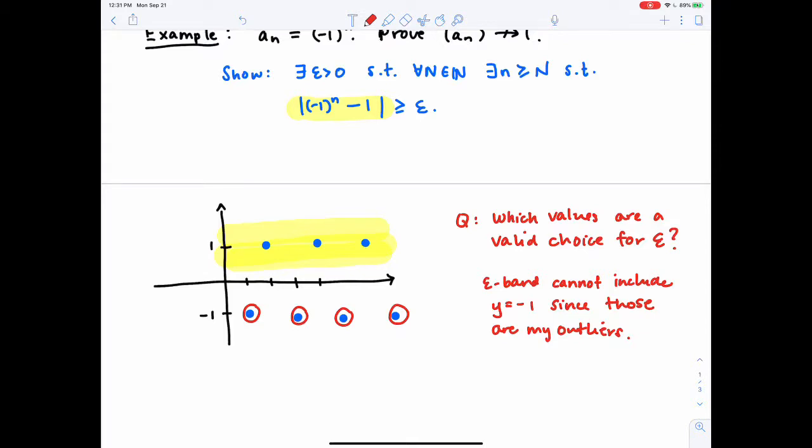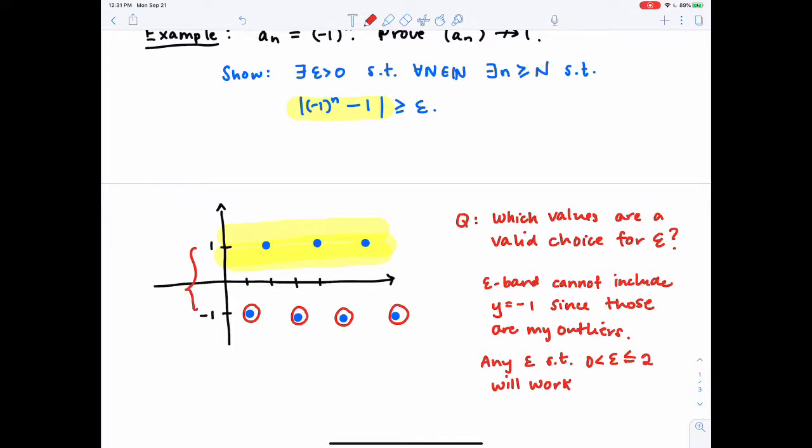So I'm allowed to use any epsilon such that 0 is less than epsilon, which is less than or equal to 2, will work. Because notice that what I've done is I've measured the distance between 1 and -1.